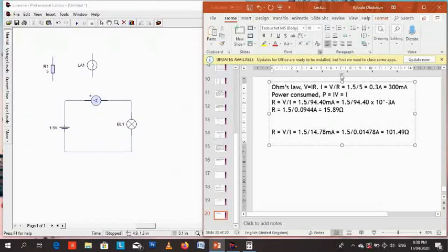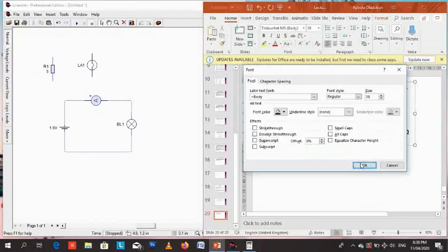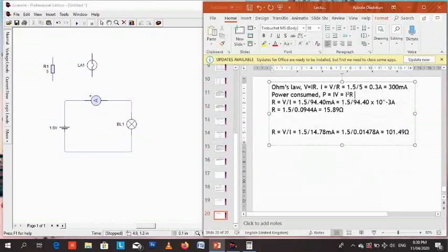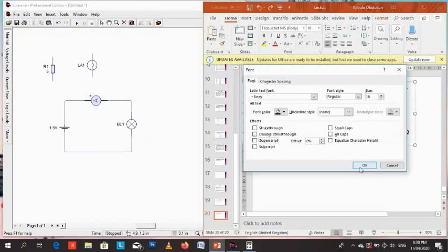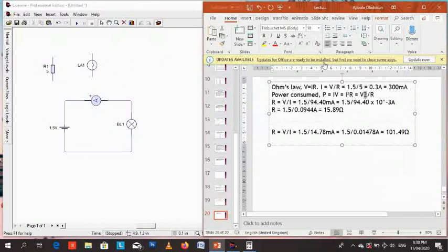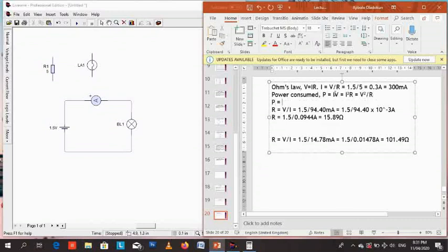Another way of doing it is I squared R, which is also equal to V squared over R. So P equals IV equals I squared R equals V squared over R. They are all the same.